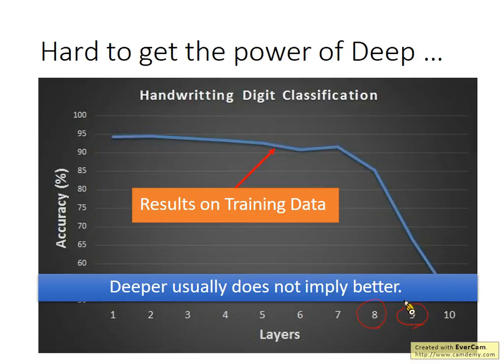So in early years, many researchers thought this was not a good model, and we could not achieve a better result. Deeper neural network is not promising, in early years.